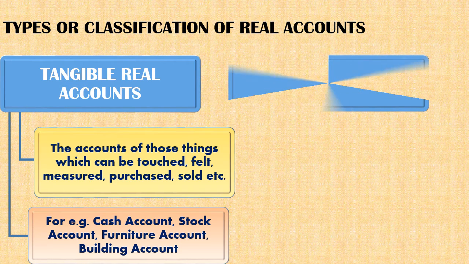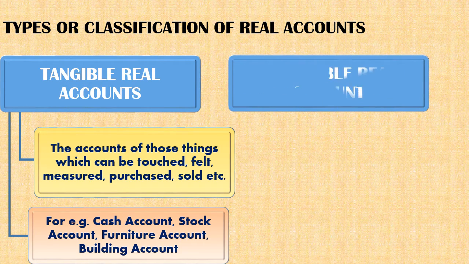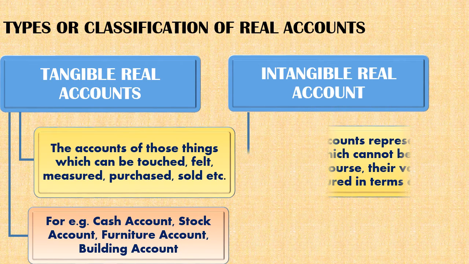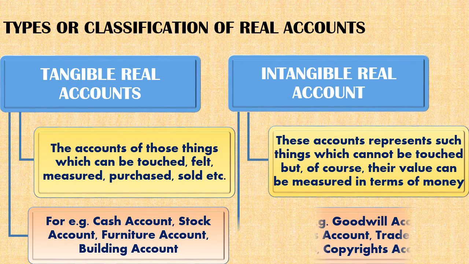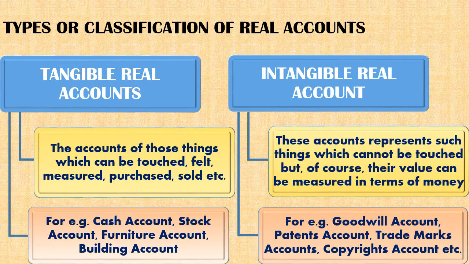The second type is the intangible real account. These accounts represent such things which cannot be touched, but of course their value can be measured. For example, goodwill account, patent, trademarks account, copyright account.